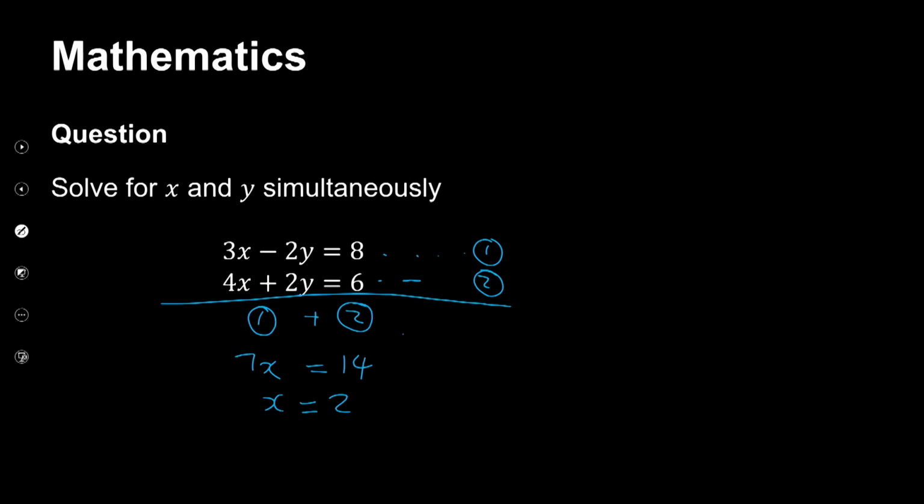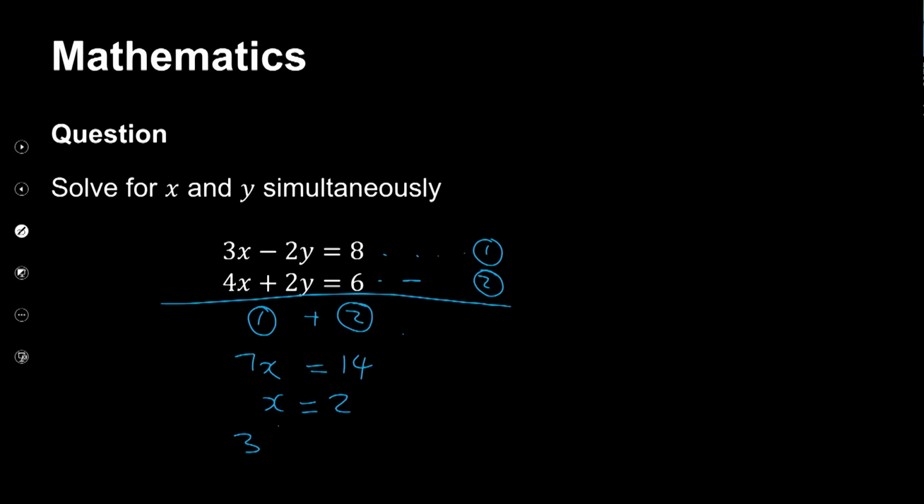Then remember, the last thing that you always need to do is to take the first variable value that you solved and substitute it in either of the two equations that you are given in order to find the next variable. So I will just take the first equation.